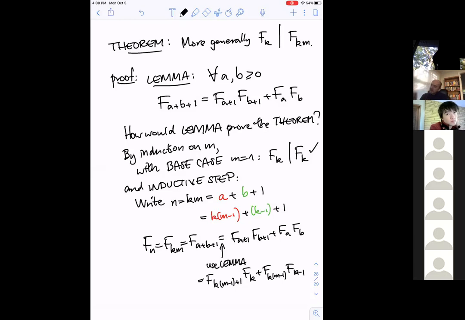But now the point is, in each of these two terms in the sum, in this term I've got an Fk, and I know that that's divisible by Fk, it's Fk itself.